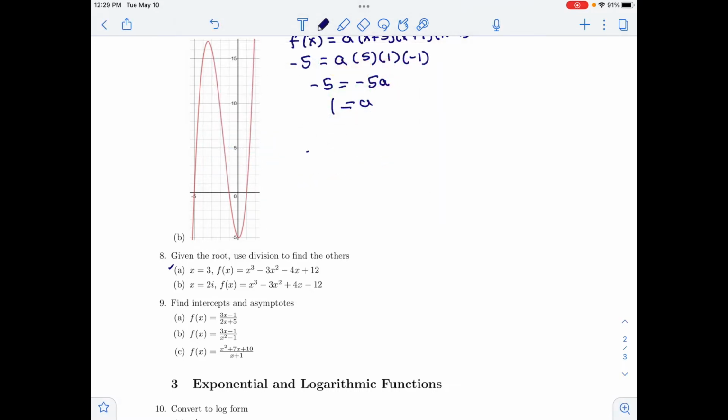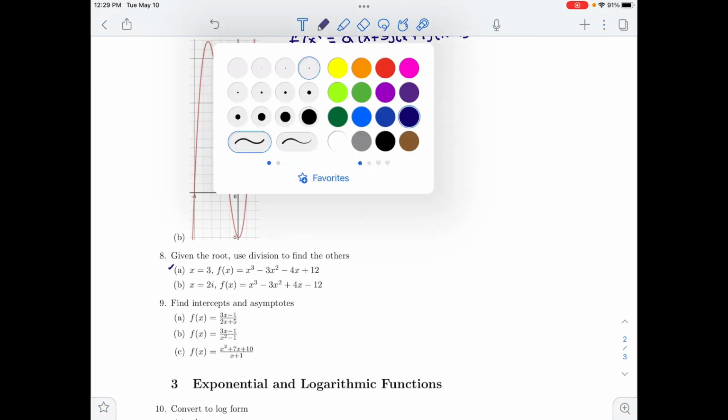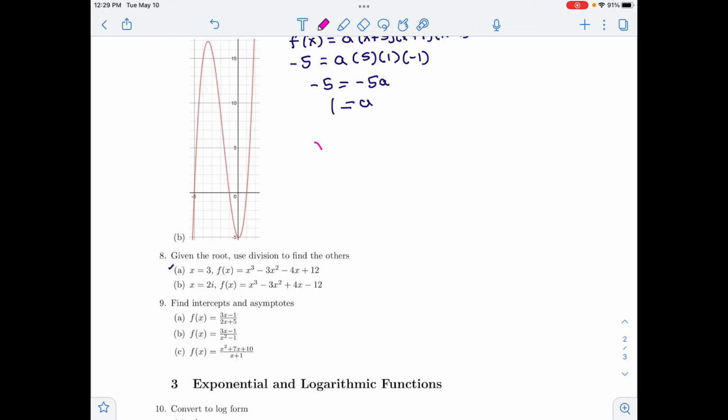So let's look at that. X minus 3, and we're going to divide that into x cubed minus 3x squared minus 4x plus 12. Okay? Now, let's see what happens.